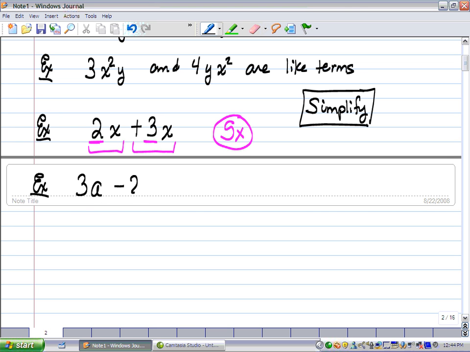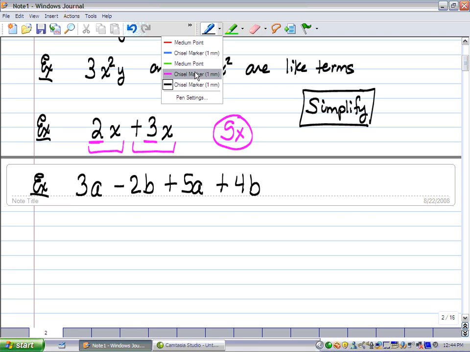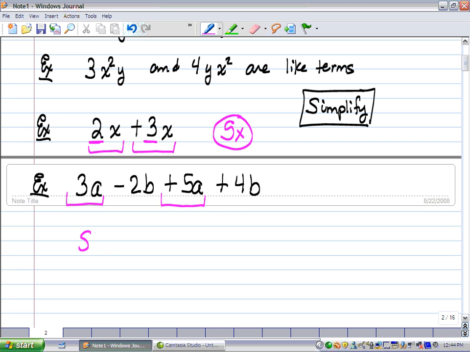Okay, let's look at another one. 3a minus 2b plus 5a plus 4b. Let's simplify this by combining the like terms. Okay, we have this term 3a, and we have this term plus 5a that are like terms. So we can put those together. 3a plus 5a is 8a.